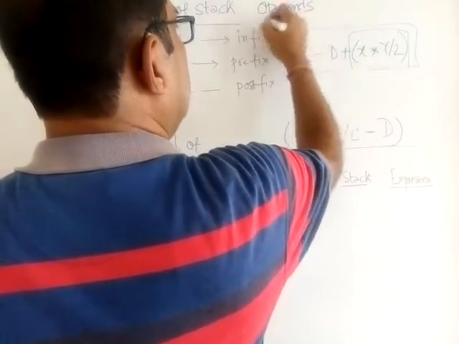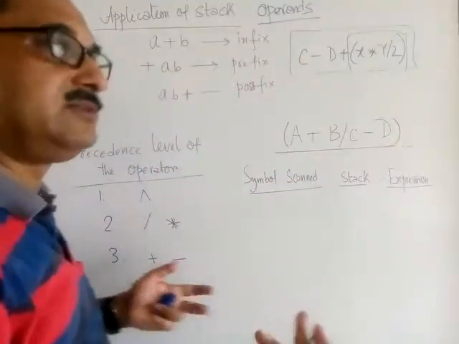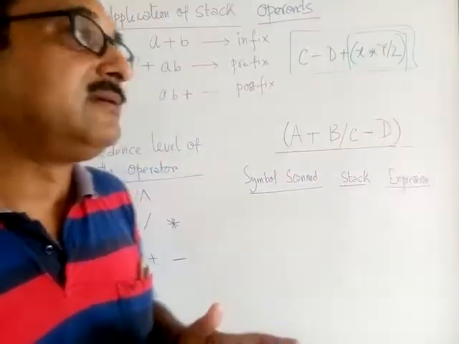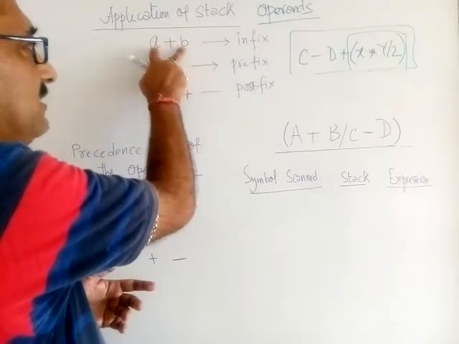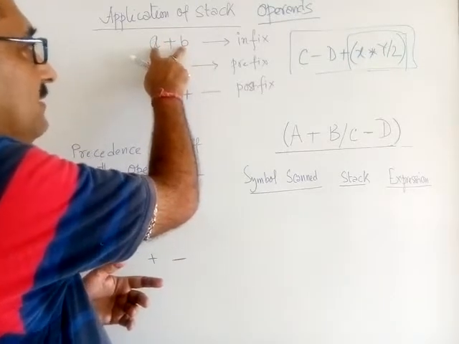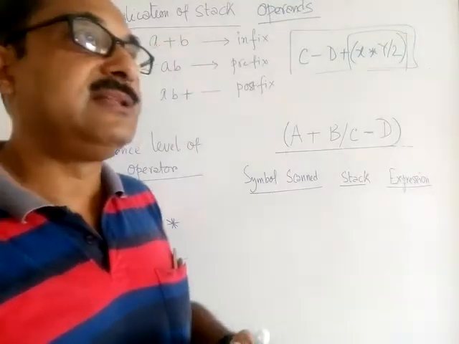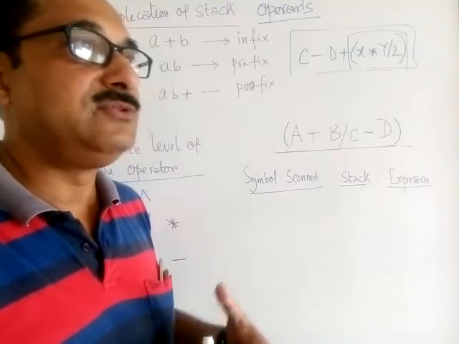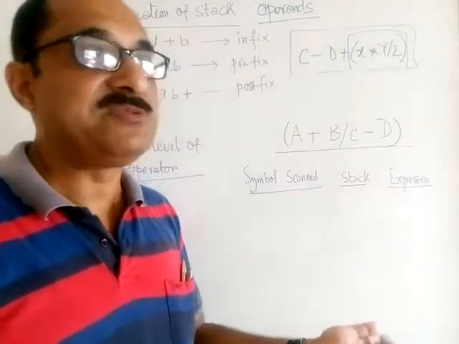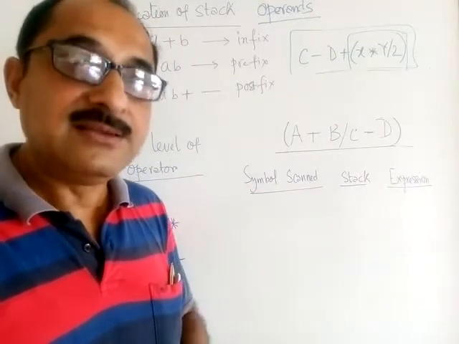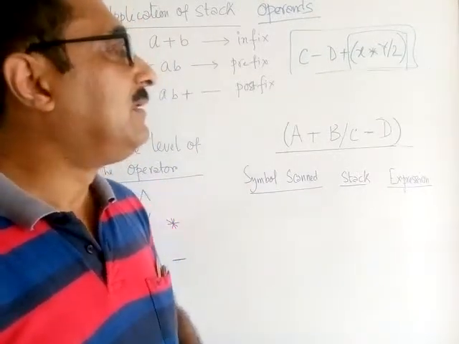Fine. And plus, you know very well, it's an operator. So operator normally we write like this: operator and the operands. But then scientists thought that there is a need to put sometimes the operator after the operands and sometimes before the operands. Why? That need has come.